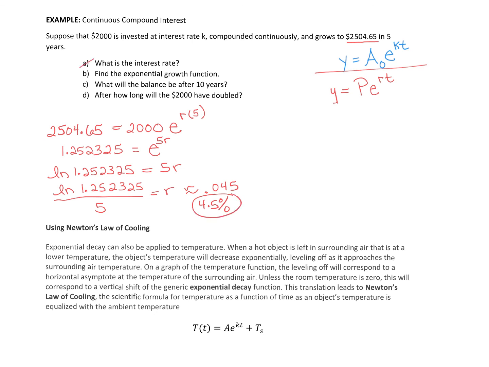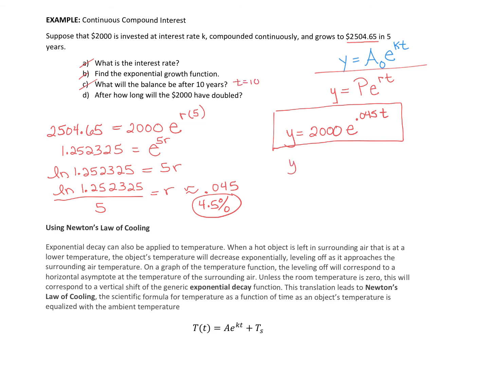Using that interest rate, we can now write an exponential growth function. Y equals 2,000 e to the 0.045t. So this is modeling exponential growth. If I wanted to know the balance after 10 years, I would let t equal 10.